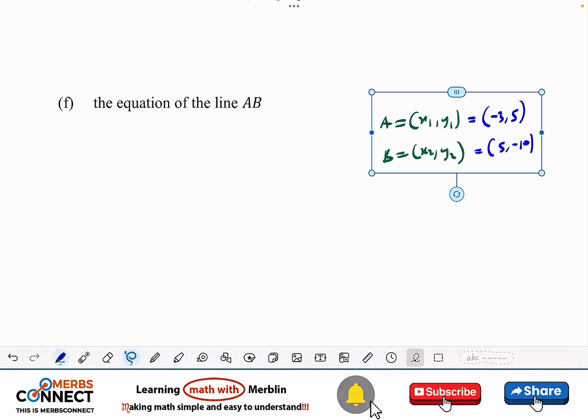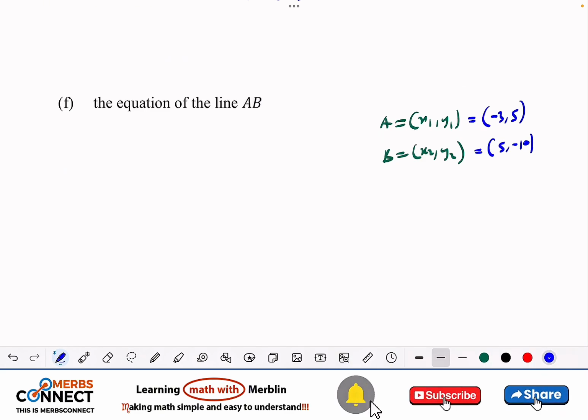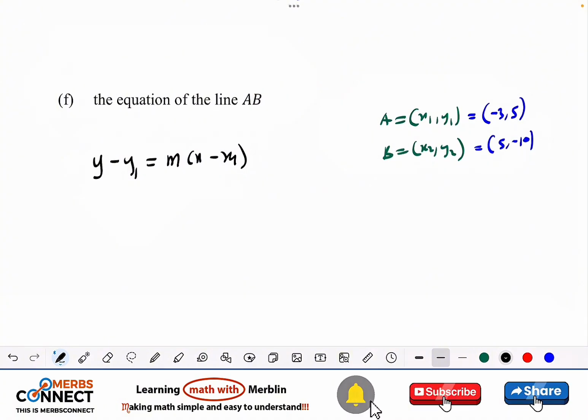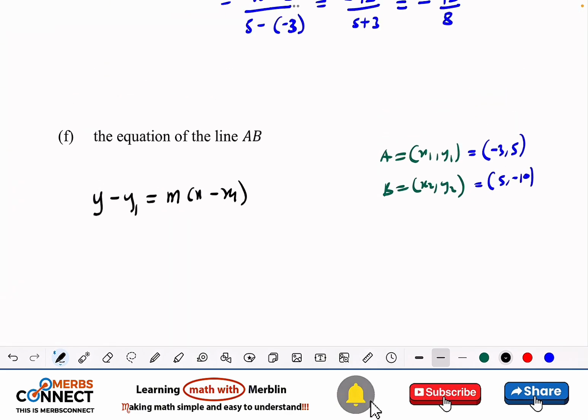Now this one too is a formula, because we need to know that the equation of the line is y minus y1 is equal to m times x minus x1. If you don't know this, then you cannot do it. That is everything we are doing here. We need formulas. So what is the slope?